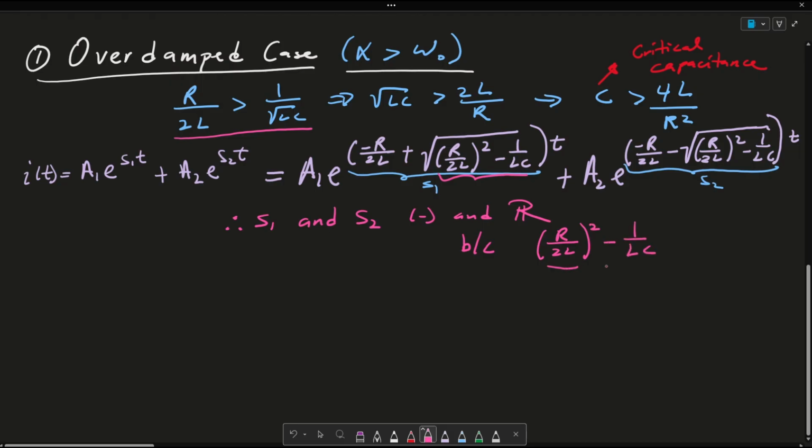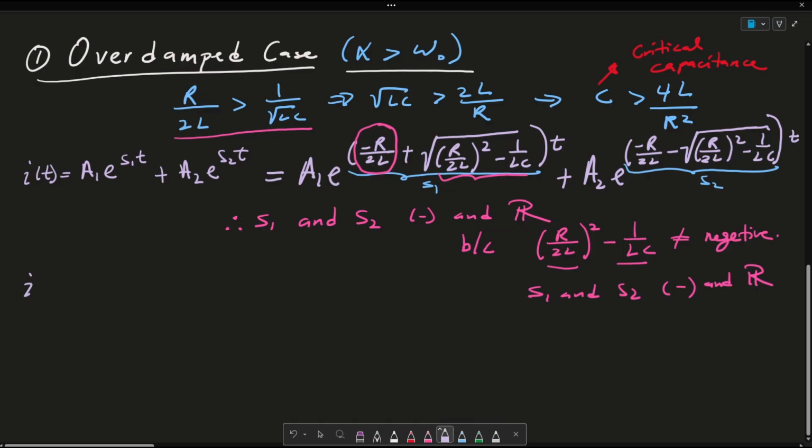If this term is greater than this term, this will never be negative. As a result, again, S1 and S2 are only going to be negative because of this term here and real, which we stated up here.